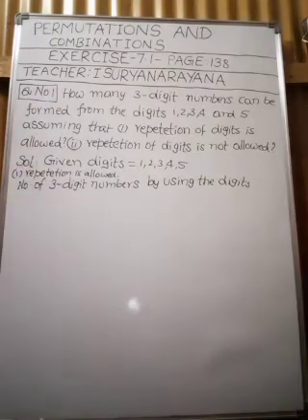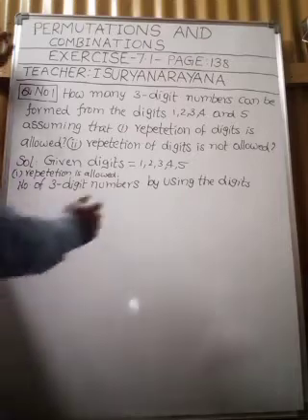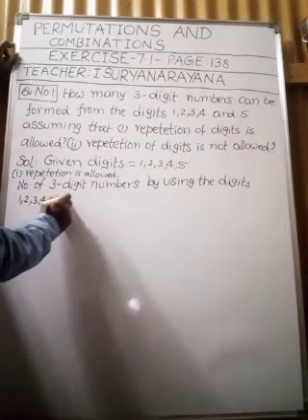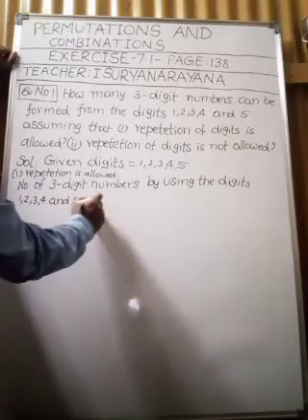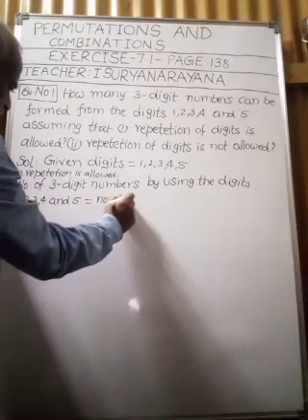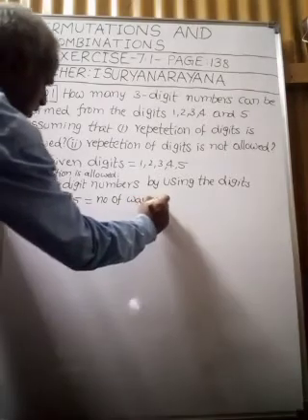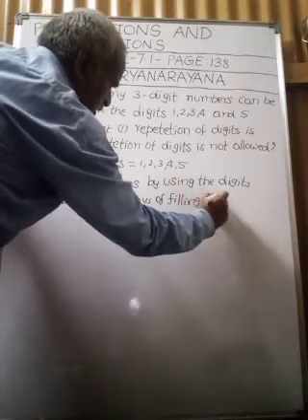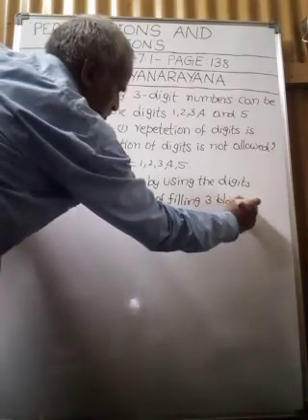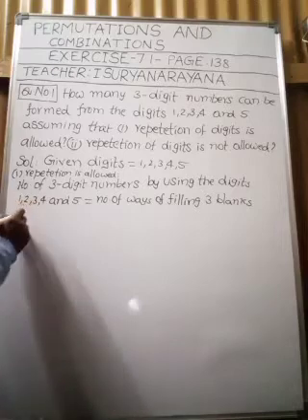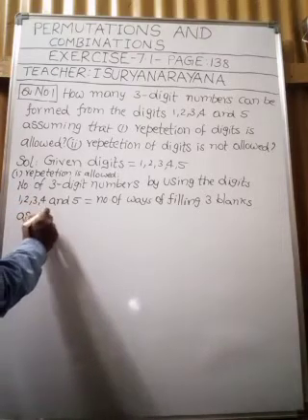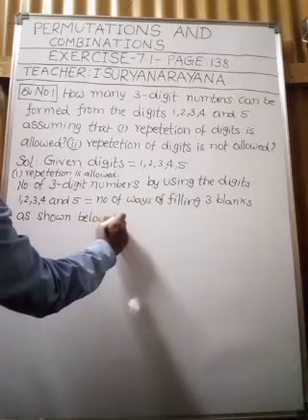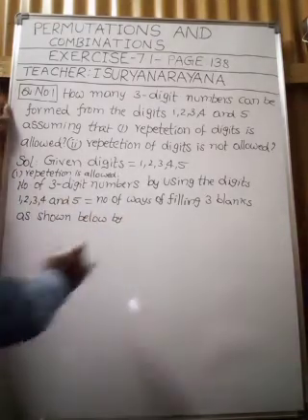The number of 3-digit numbers by using the digits 1, 2, 3, 4 and 5 is equal to the number of ways of filling 3 blanks as shown below by the digits.